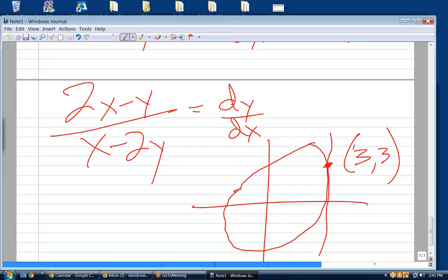Give me minus 2, 2. Plug it in, you get the slope there. So having your dy/dx be a function of x and y is not bad, because you're frequently evaluating it at an xy coordinate. That makes sense. Okay.